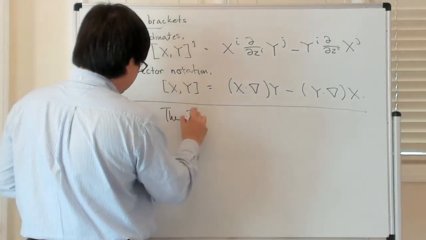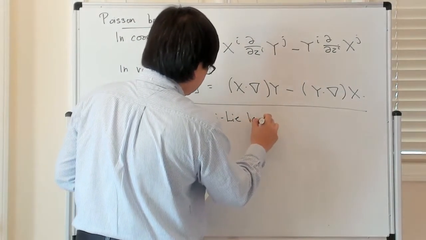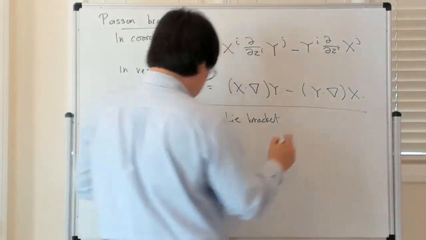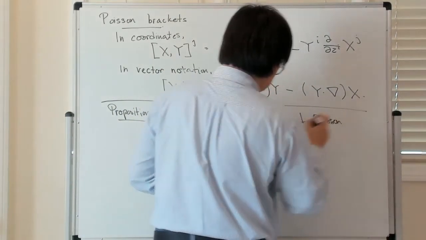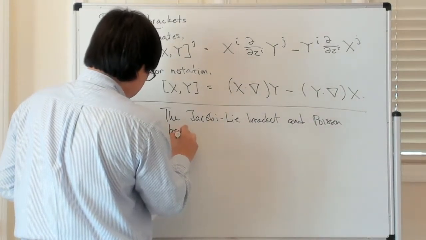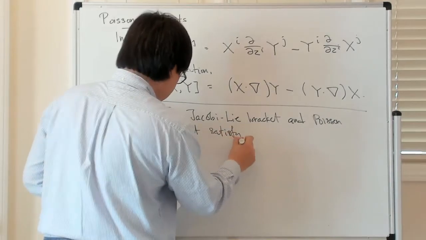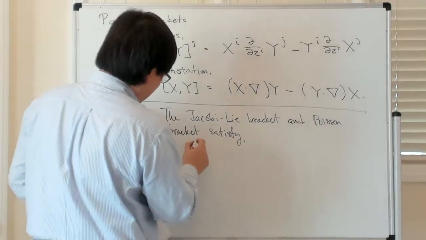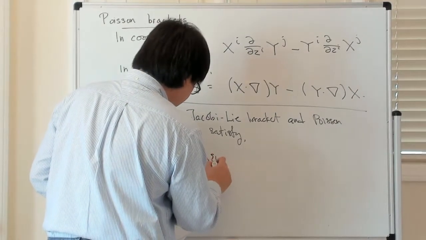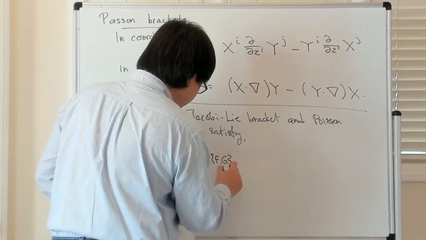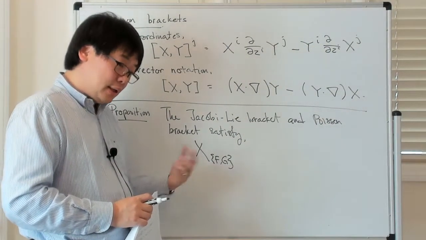The Jacobi-Lie bracket and Poisson bracket satisfy the following: the Hamiltonian vector field of the Poisson bracket of two scalar valued functions, which makes sense, since the Poisson bracket of two scalar valued functions is again a scalar valued function.